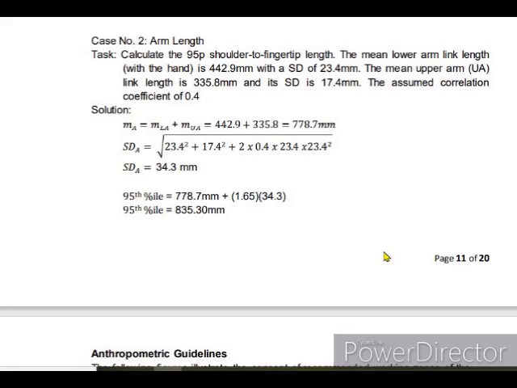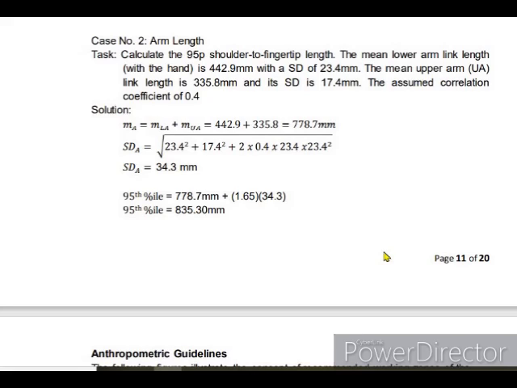Next, the mean upper arm, or UA, length is 335.8 millimeters, and the standard deviation is 17.4. Then the assumed correlation coefficient is 0.4.